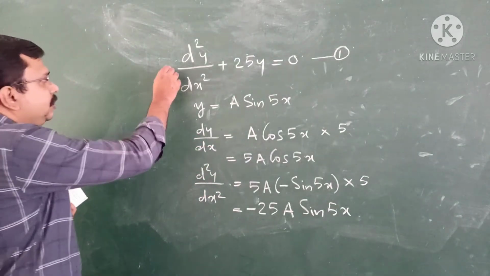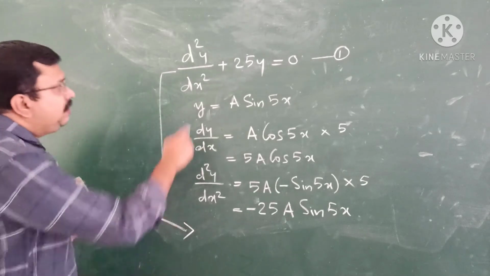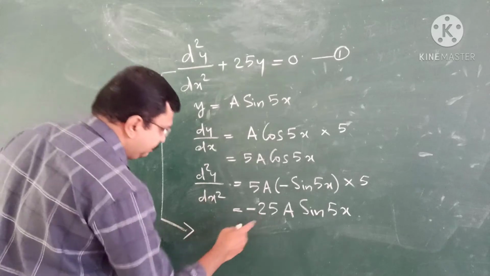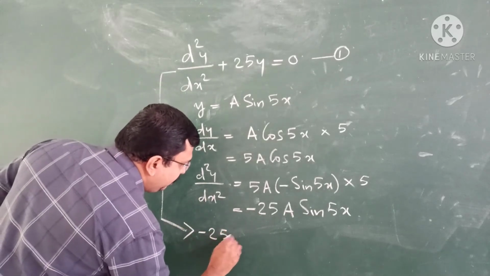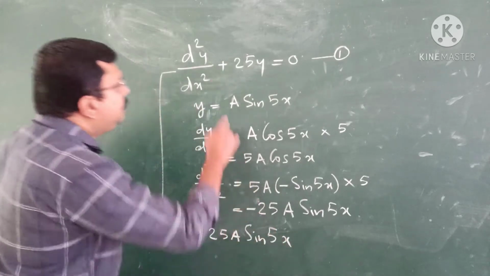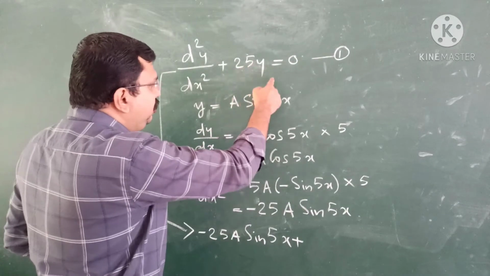Okay. Applying in this, first d square y by dx square. What is d square y by dx square? Minus 25a sin 5x plus 25 into y.